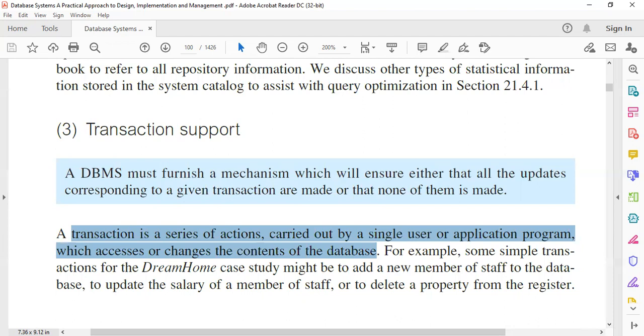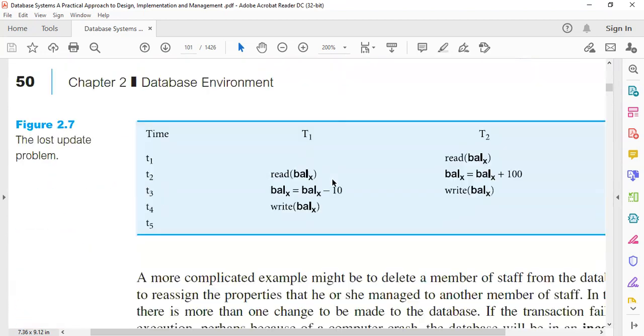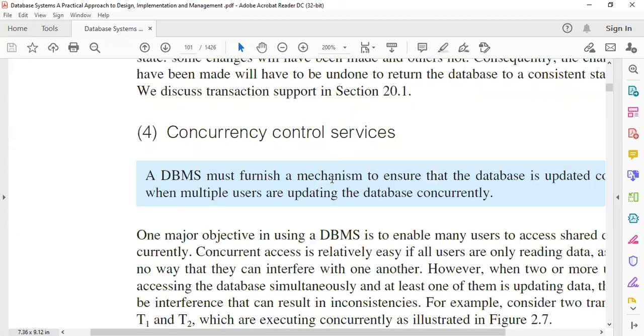So the database must provide a method or a way to support these transactions, and also to store them, so that whenever you want to know what transactions were made on the database, you'll be able to follow it up. So the DBMS must enable the users to make transactions on the database.